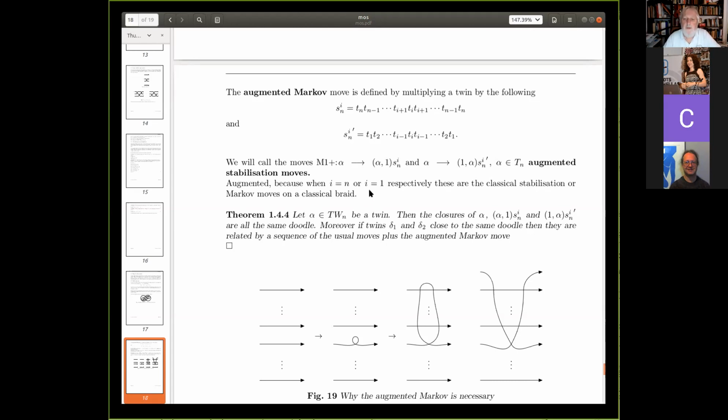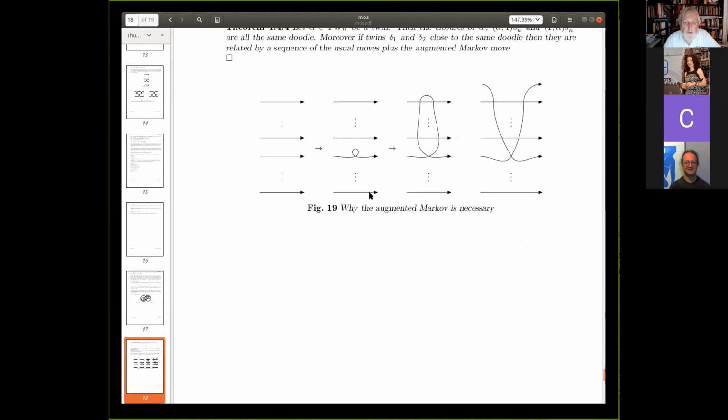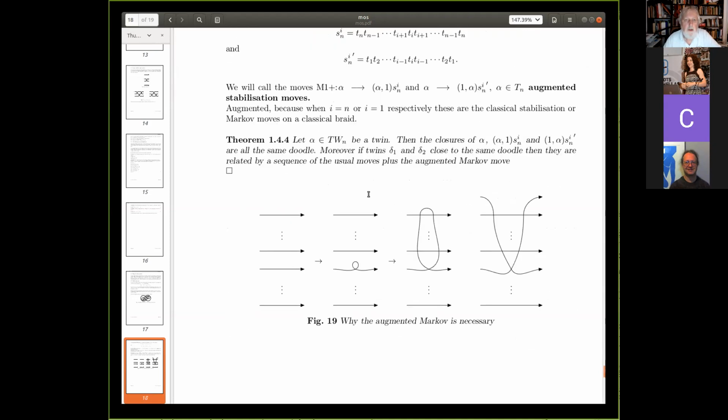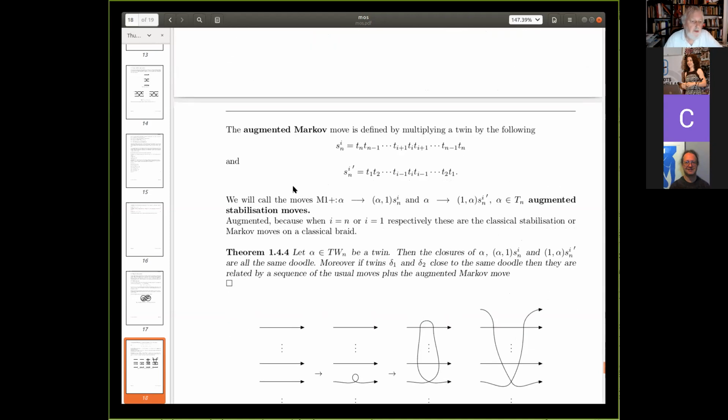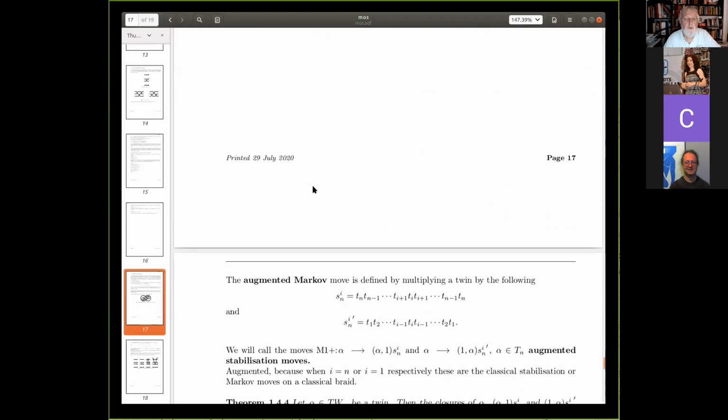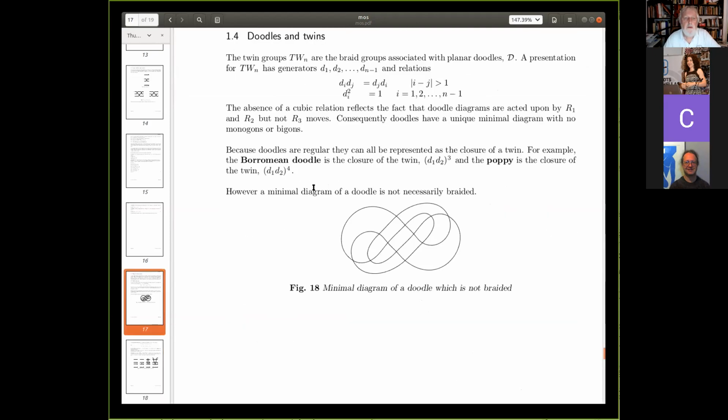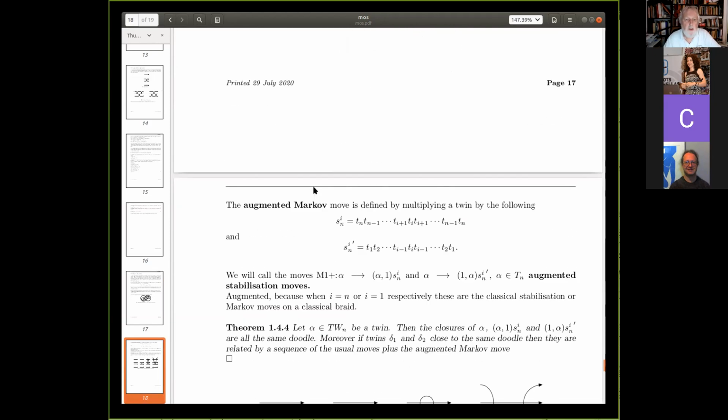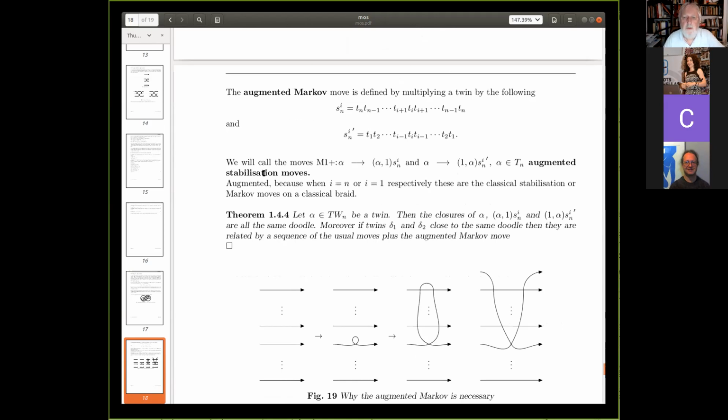And so why do we need these extra moves? I should say, another odd thing is that I'm sure I had, I could acknowledge somebody called Gotin who's independently proved this.